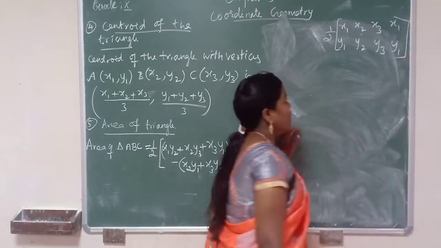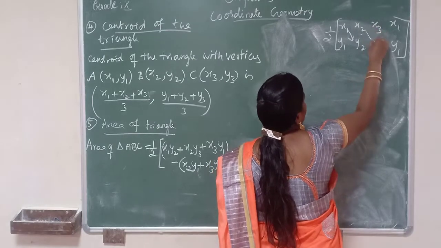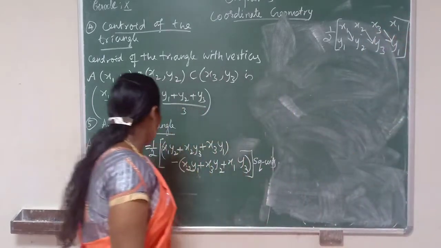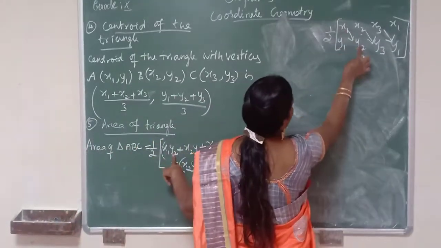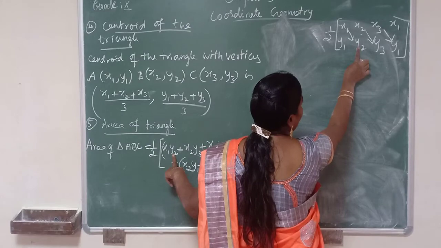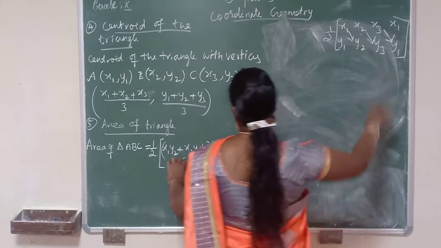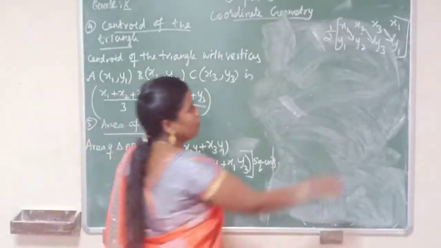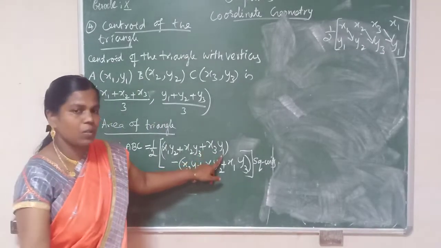Now we have to multiply. First all these 3 terms: x1 y2, x2 y3, x3 y1. See here, 1 by 2 into x1 y2, that is x1 into y2, then plus next term x2 into y3, next third term x3 into y1, then close the bracket.